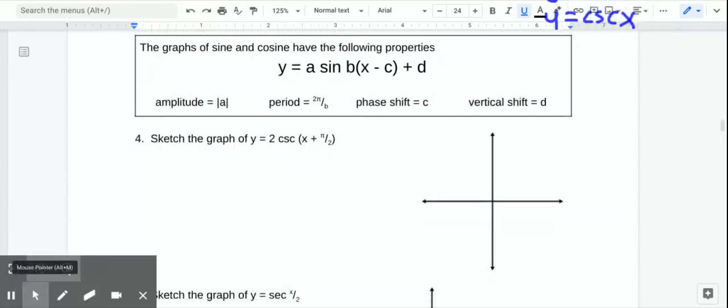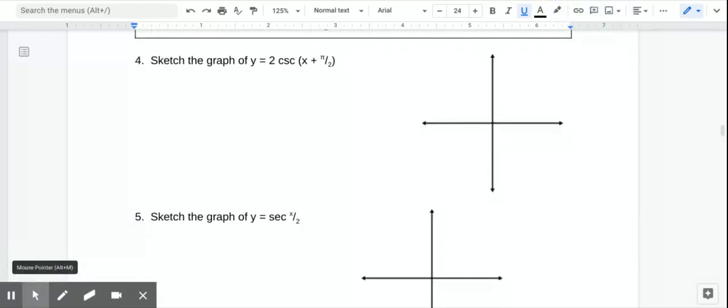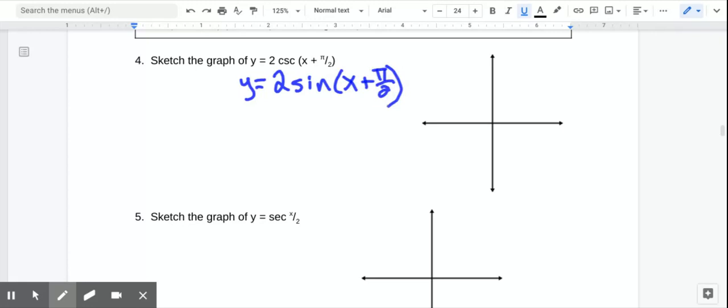So when we go to graph this, we want to graph cosecant. So instead of graphing cosecant, because we're just not ready to graph that yet, we're going to graph its related one. We're going to graph sine instead. Okay. Now I'm going to write down all of the things that we know about sine just to help us graph it.